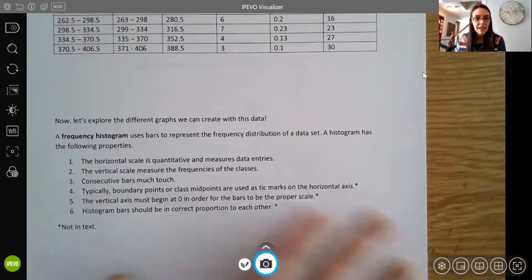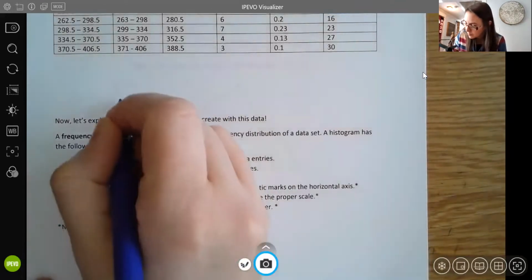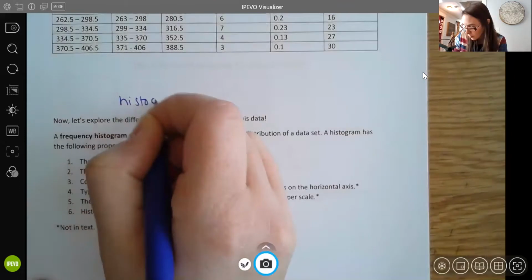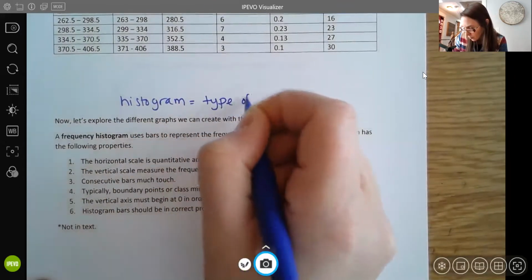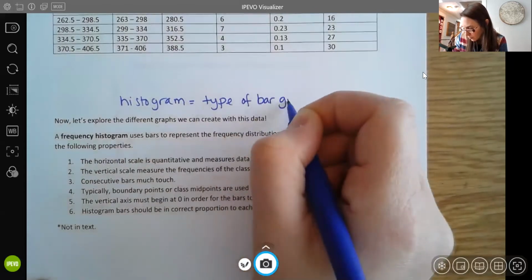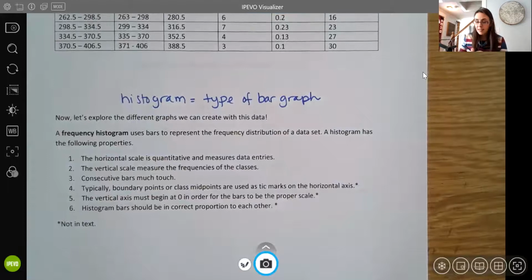So first of all, a histogram is a type of bar graph. Okay. So you're going to see bars. There's lots of different kinds of bar graphs. So a histogram is one particular type.